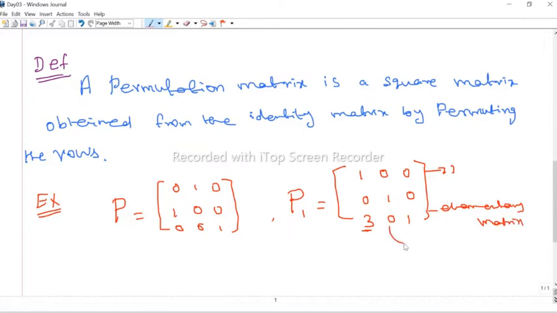In a permutation matrix, all the entries are either 0 or 1, not other numbers. In an elementary matrix, the entries may be 1, 0 or any other number. In a permutation matrix, every row and every column contains exactly one 1, and all others are 0.